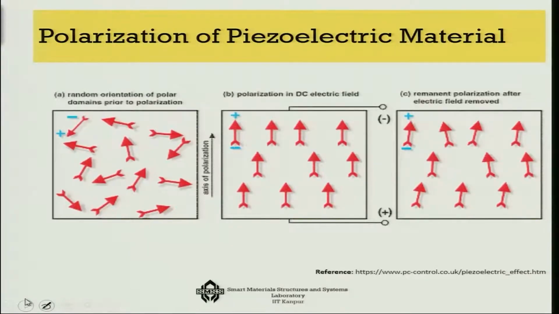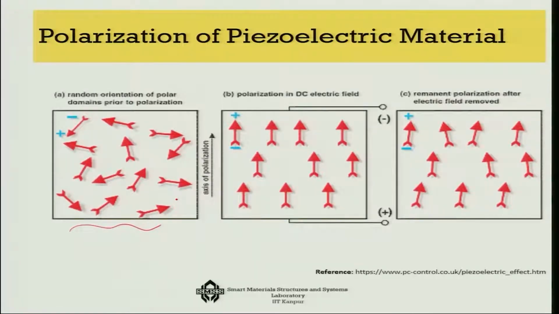Now, the dipole moments in a perovskite, if it is not polarized, are always random like this, very random. Each one of the atoms will show a random dipole direction, which means that if you apply a voltage, because some are oriented, some are not, you won't get too much of a change in the deformation.